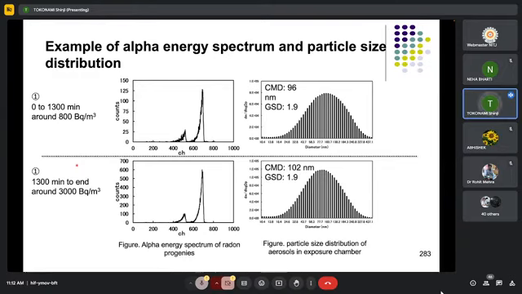After changing the radon levels, radon concentration went up to 3000 becquerel per cubic meter. Here's the alpha energy spectrum of radon progeny, the same as above. Regarding particle size, it is almost the same.